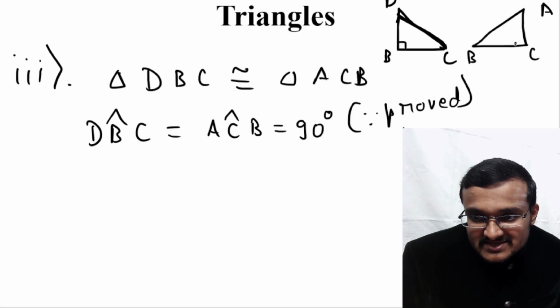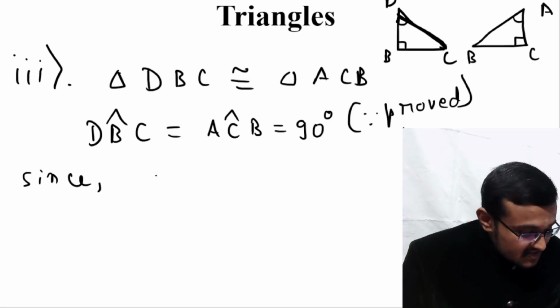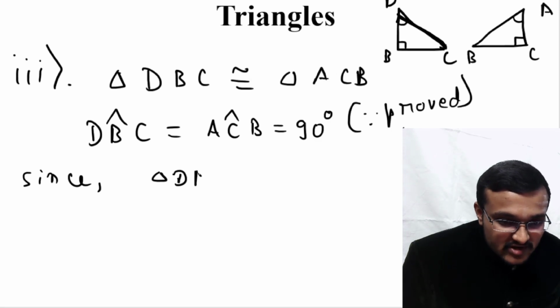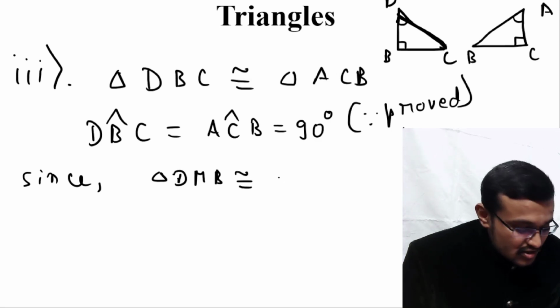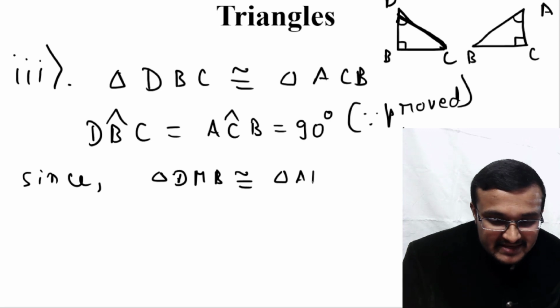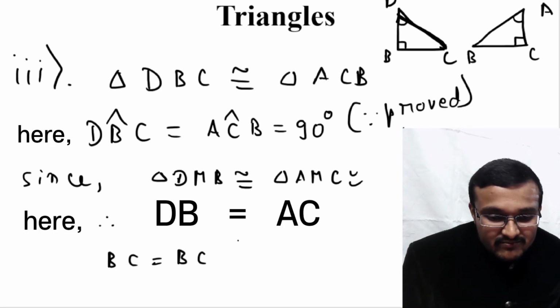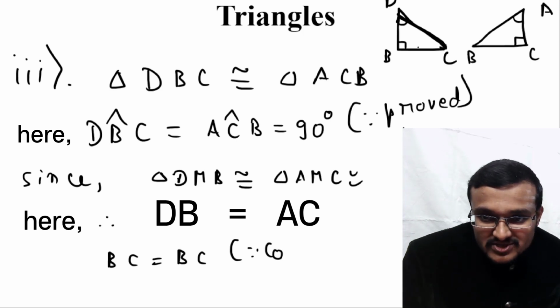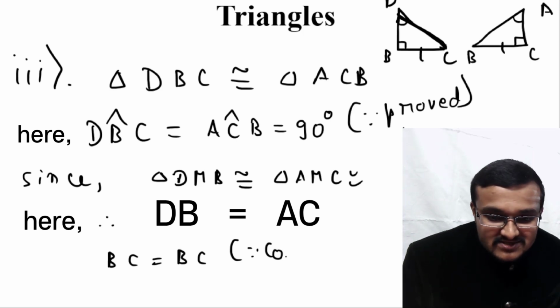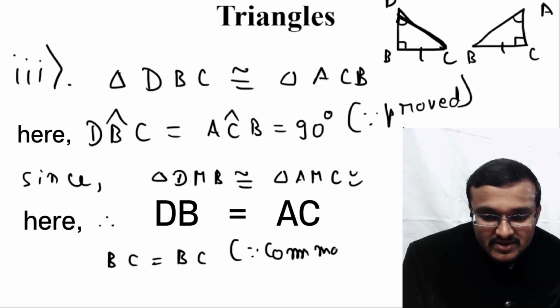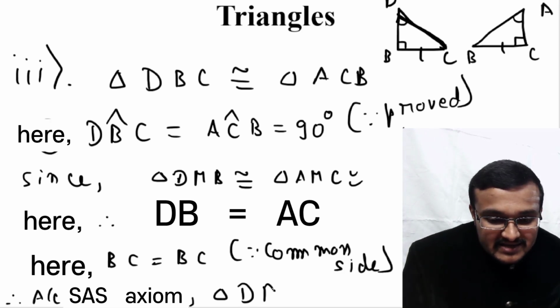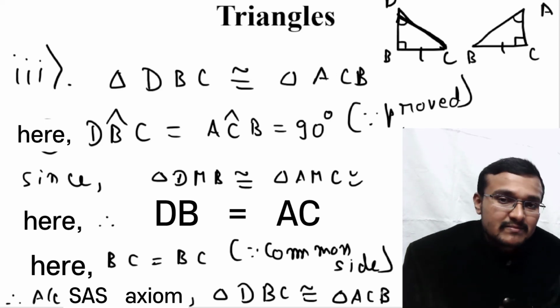This is equal to 90 degrees, this is equal to 90 degrees. We already proved that triangle DMB is congruent with triangle AMC, and BC is equal to BC because this particular side acts as a common side for both triangles. So triangle DBC is congruent with triangle ACB.